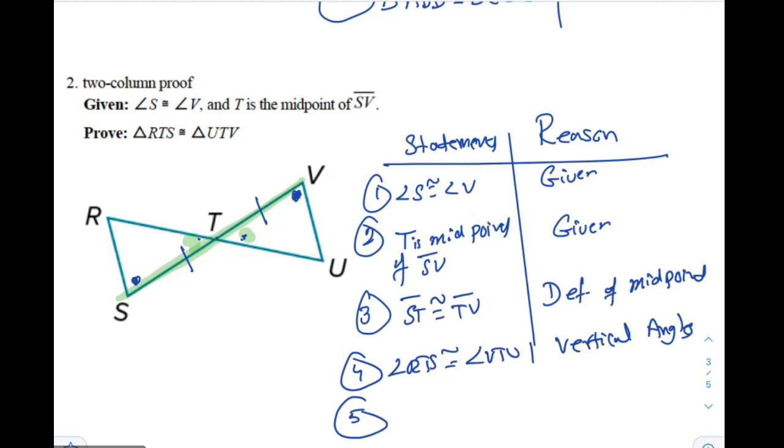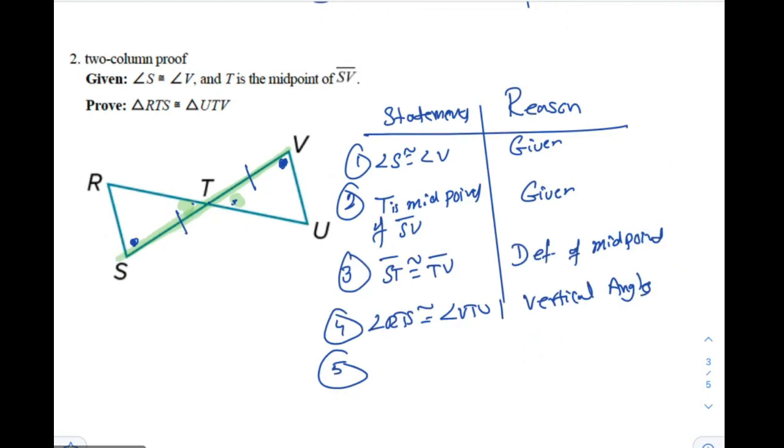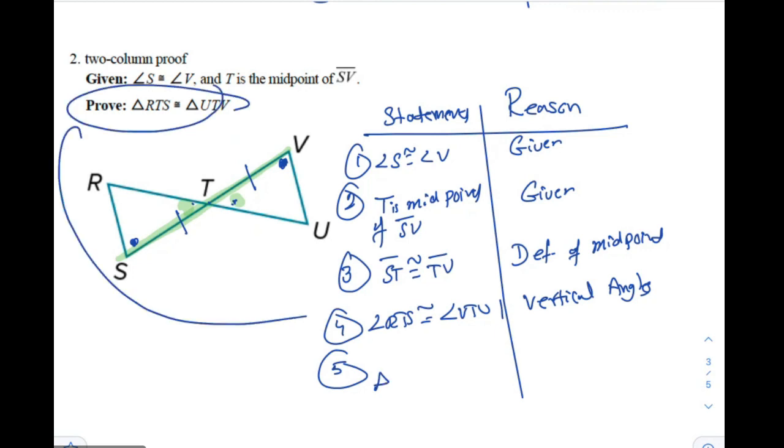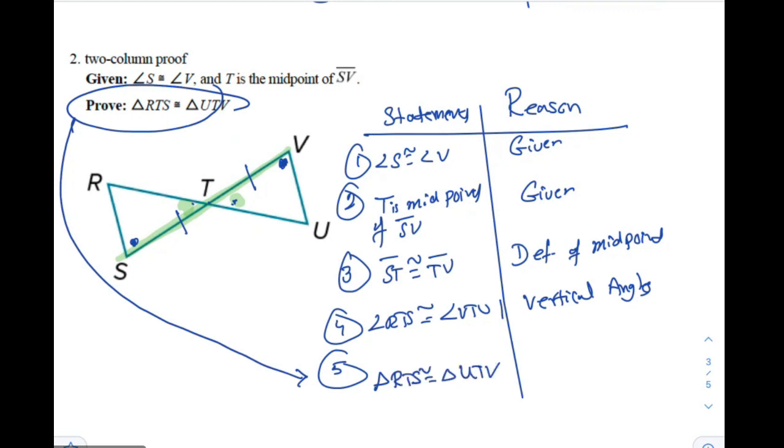So we have here now two angles and the side included, the side connecting them. So we can copy that triangle, the last statement, the needed one. Triangle RTS is congruent to triangle UTV by ASA. Angle, side, angle.